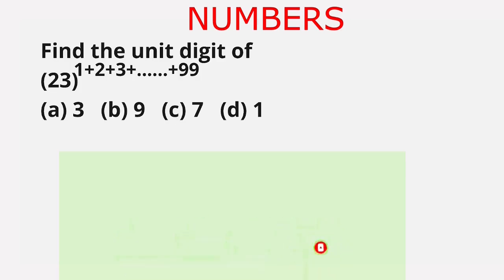We have to find the unit digit when 23 to the power 1 plus 2 plus 3 up to 99 is solved. So first we have to find the sum of these powers, 1 plus 2 plus 3 up to 99. And we know that the sum of the first n natural numbers is given by n times n plus 1 upon 2.